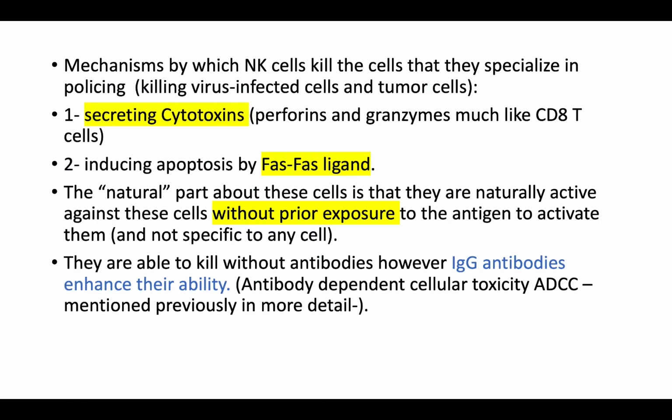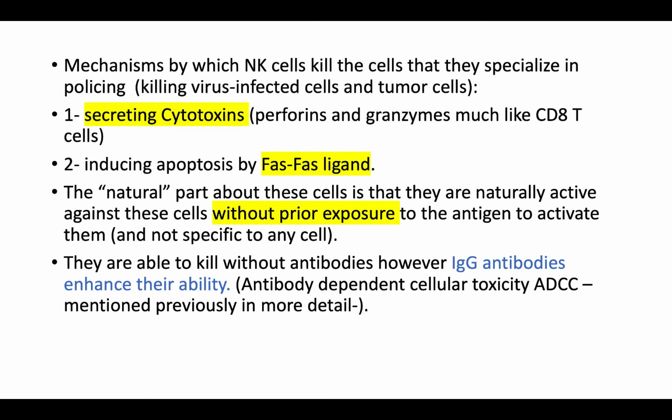So mechanisms by which NK cells kill the cells that they specialize in policing. They secrete cytotoxins like the ones we know, perforins and granzymes, much like a CD8 cell. Apoptosis by Fas ligand, again the same. The natural part is that without prior exposure, they are able to naturally do their job.